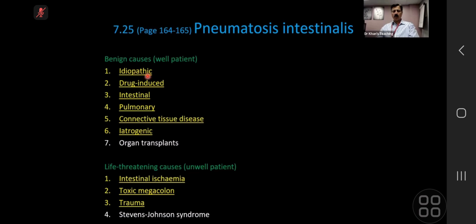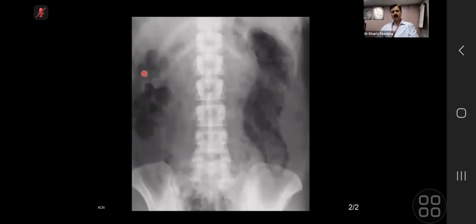Americans sometimes call this primary pneumatosis intestinalis. When it is in the colon, which is the most common, we call it pneumatosis coli. It can be in the small bowel, pneumatosis cystoides intestinalis. Now, what is happening? It's idiopathic, so we don't know what happens.